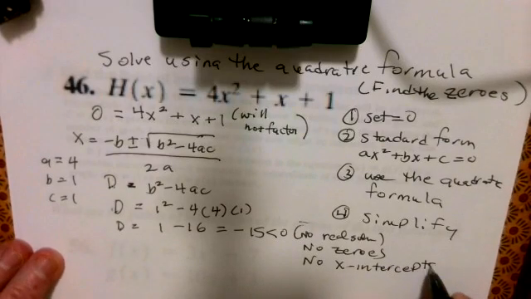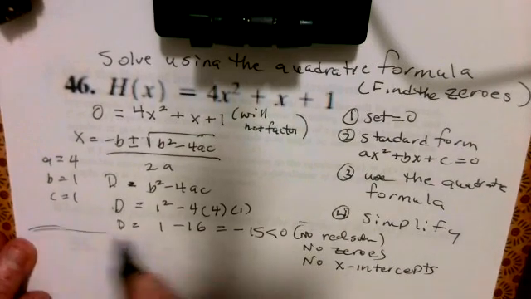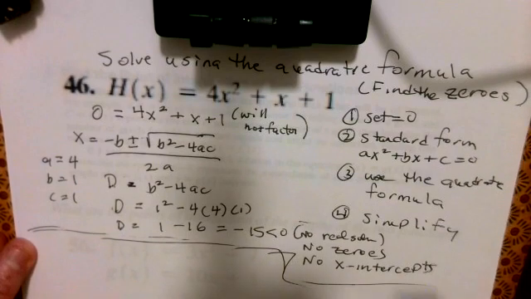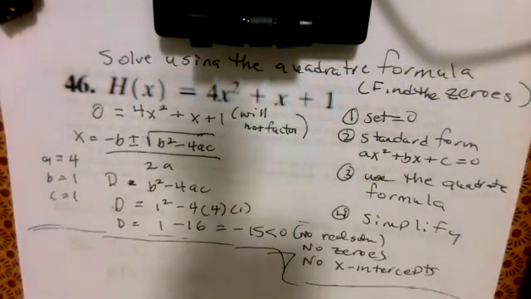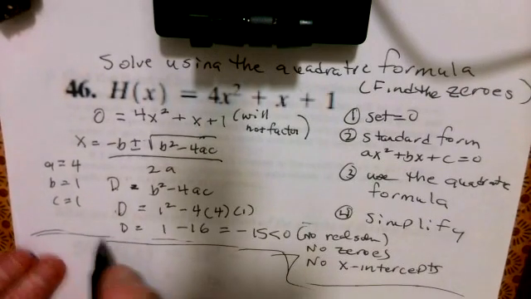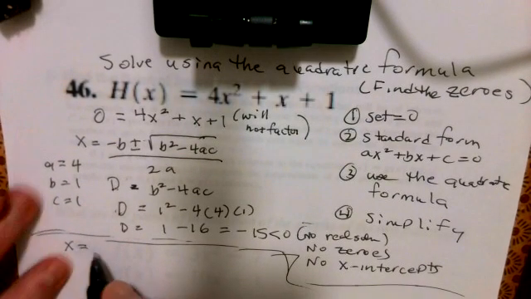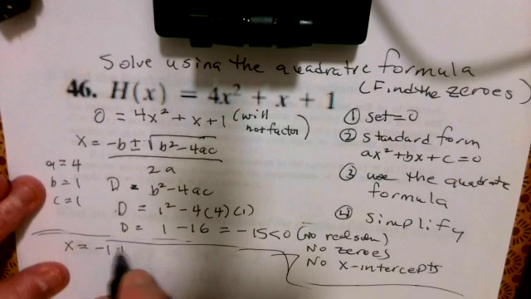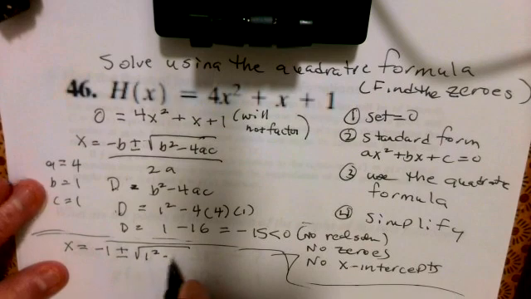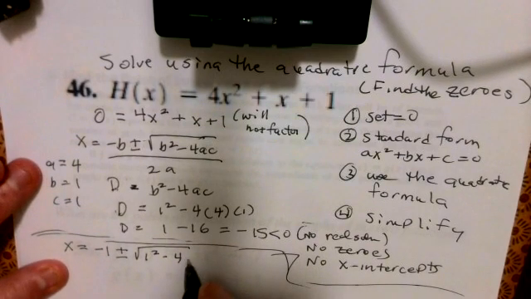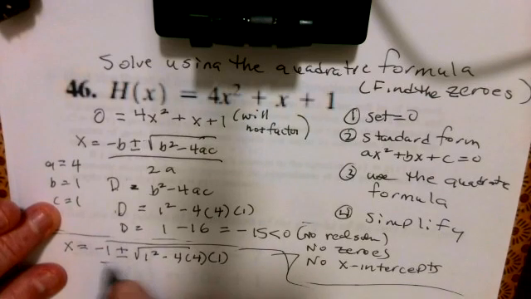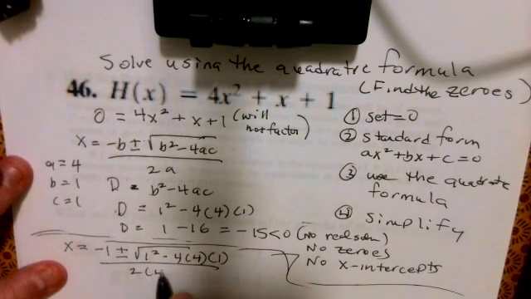Now, if you didn't think to use the discriminant, you can go ahead and put it into the quadratic formula. And if you do it correctly, you're going to end up with a non-real number. So let's just try that. If we go x equals minus b, so minus 1 plus or minus the square root of 1 squared minus 4 times a, which is 4, times c, which is 1, all over 2 times 4.